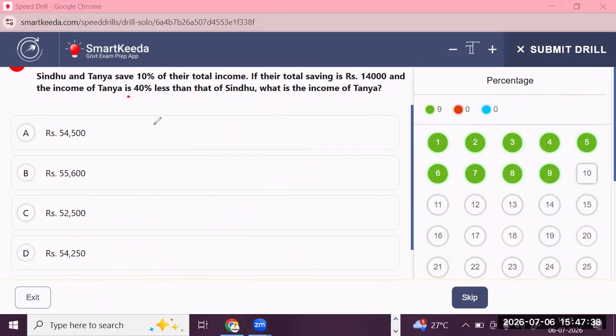Sindhu and Tanya save 10% of their total income. Sindhu and Tanya save 12% of their total income.